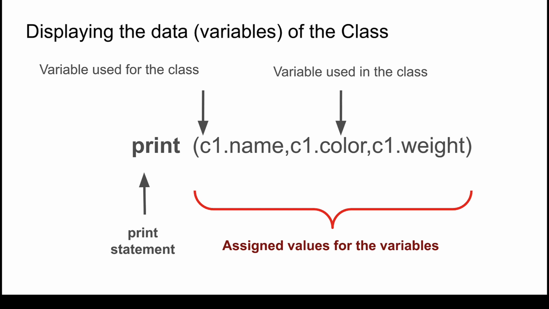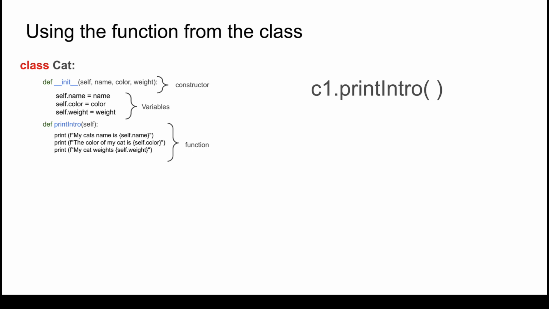Now when we want to utilize this in different parts of our code, we're able to utilize the variable name. So we have our print statement, in parentheses our variable name that we assigned, and then the additional variables that we have created inside here. So that's how it would be displayed. And then we had a function. This was our class that we ended up defining.